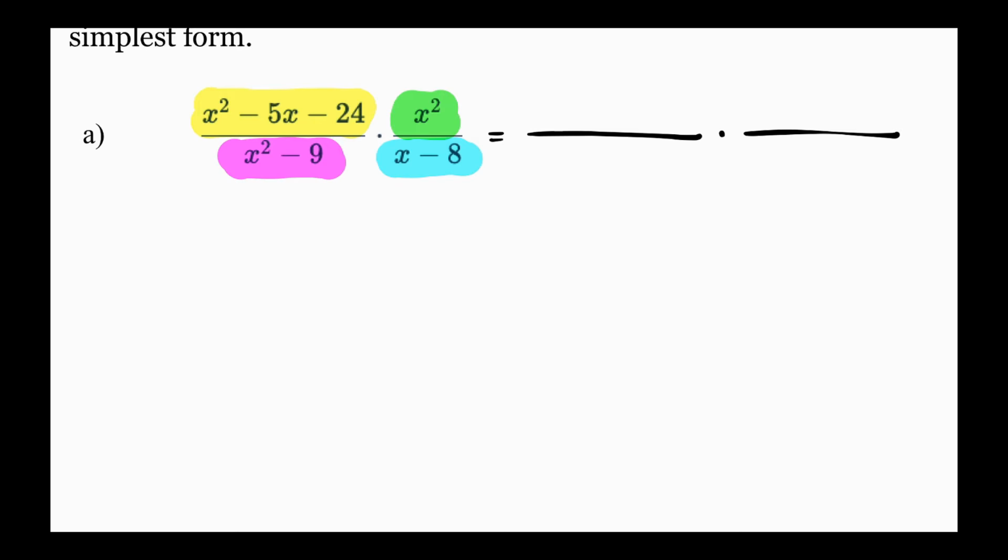The next step says ABC. So for the yellow, I'm going to do ABC. 1, -5, -24.